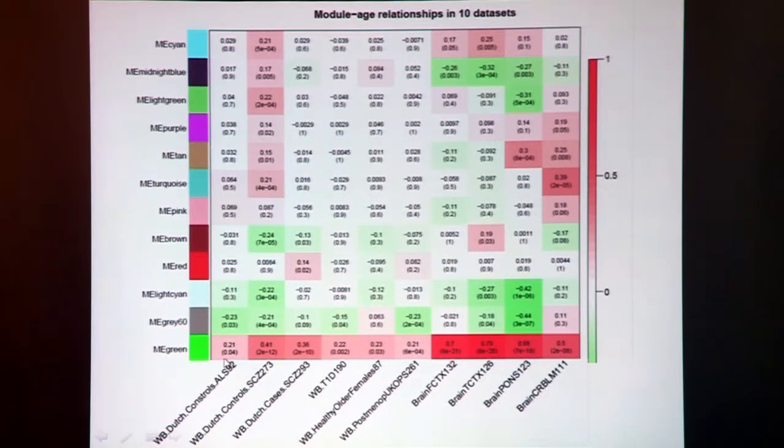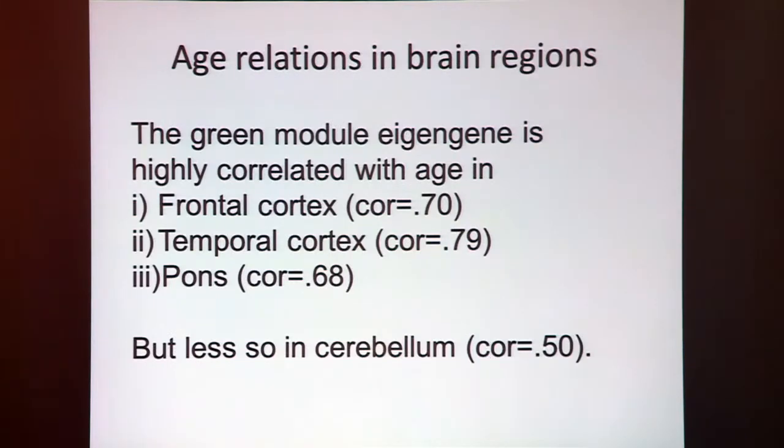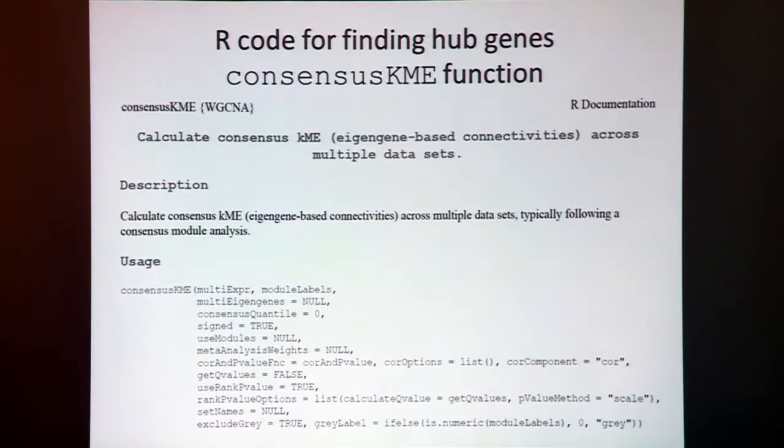You find that this green module eigengene has fairly high positive correlations, particularly in brain tissue. Frontal cortex, the correlation is 0.7, and so on. So these are significant correlations. And the relationship in the cerebellum samples was slightly less than that in the other brain regions.